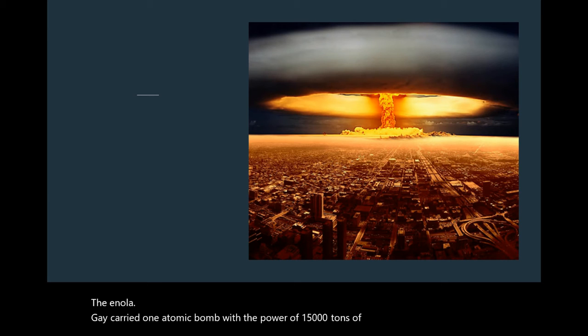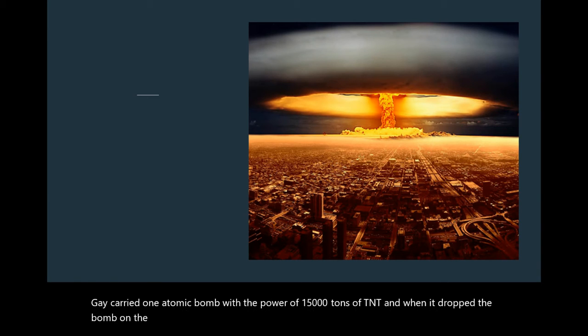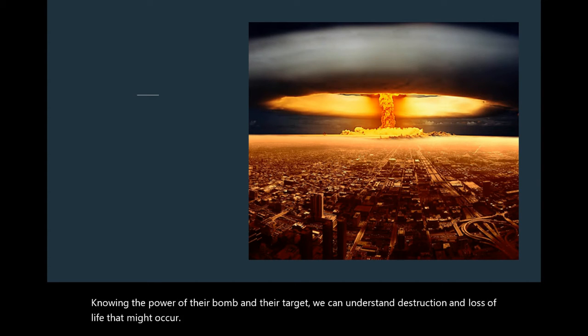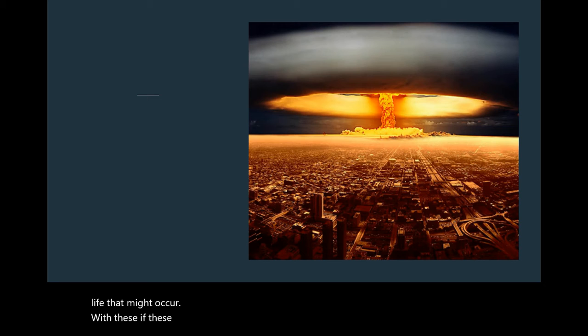And when it dropped the bomb on Hiroshima, Japan, 100,000 people died. Knowing the power of the bomb and their target, we can understand the destruction and loss of life that might occur if atomic bombs were used.